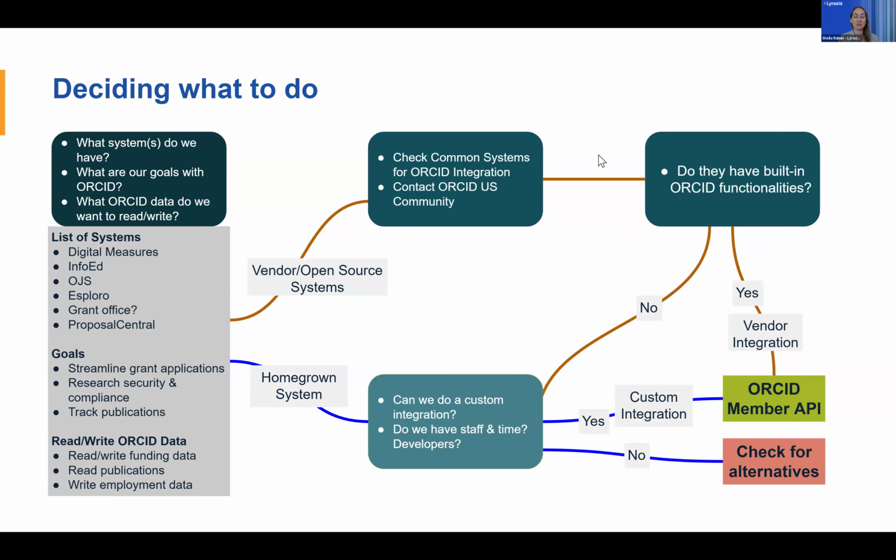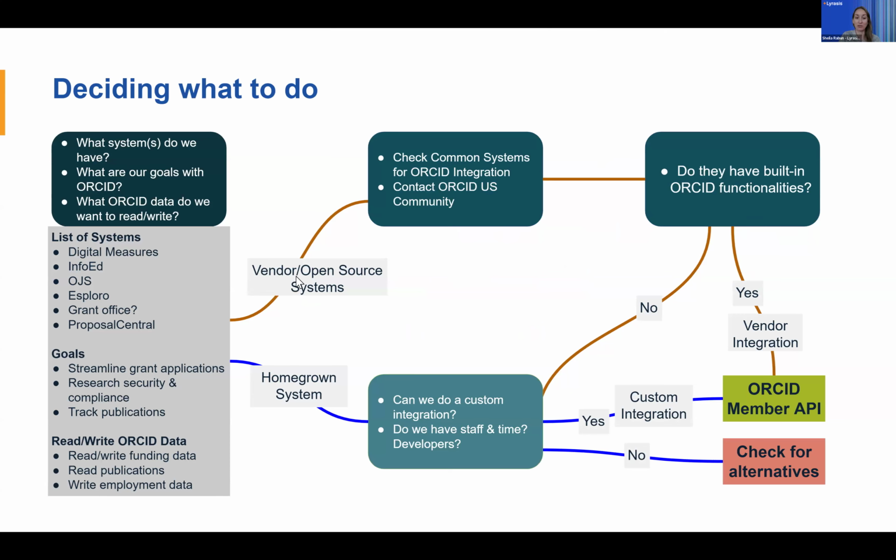So when you're trying to decide what to do, that common systems list or Trello board that Kayla shared will be really helpful. You can take an inventory of what type of software systems you are using at your organization, and that can help guide you through a decision-making process that may result in you wanting to do a custom integration.